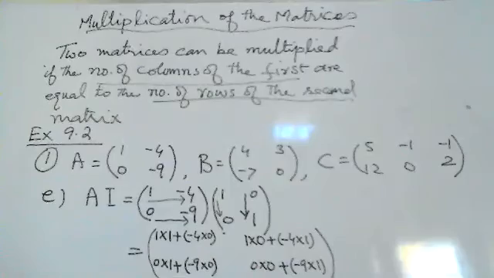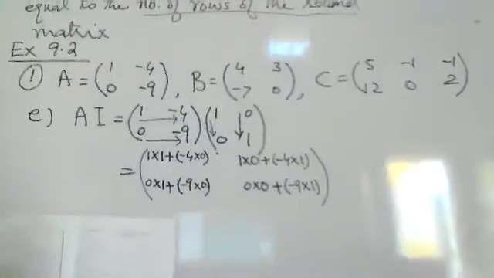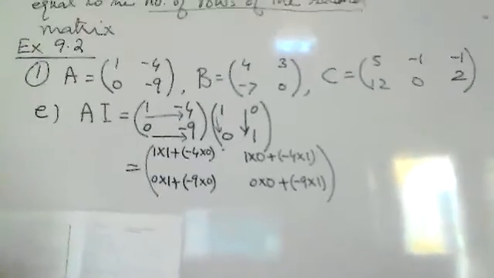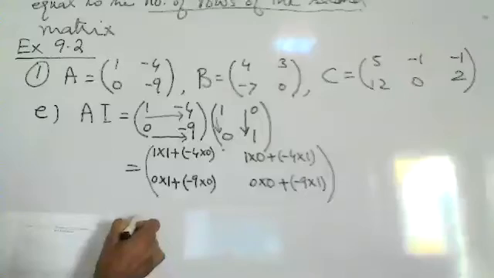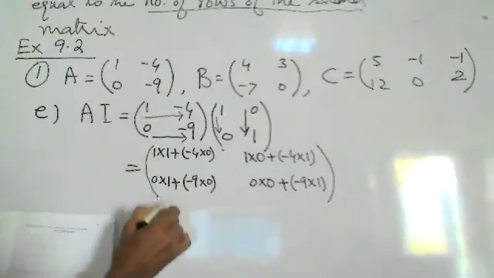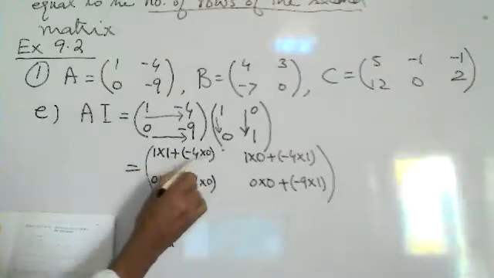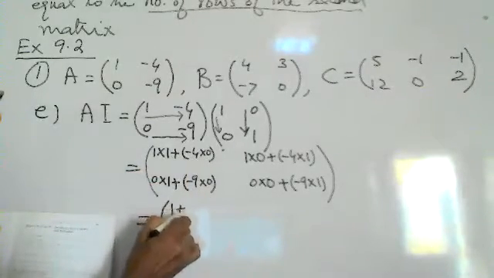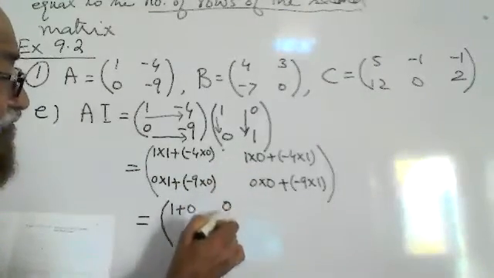So now we'll simplify this one. Equal to 1 into 1 will be 1, plus minus 4 into 0 will be 0. 1 into 0 will be 0.